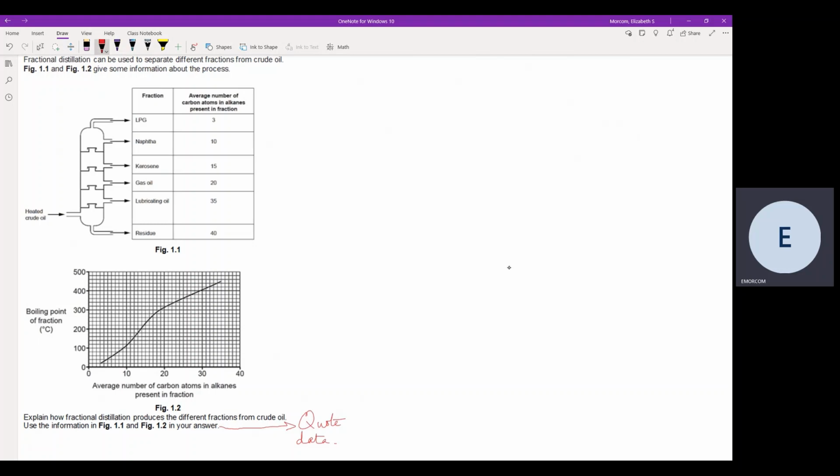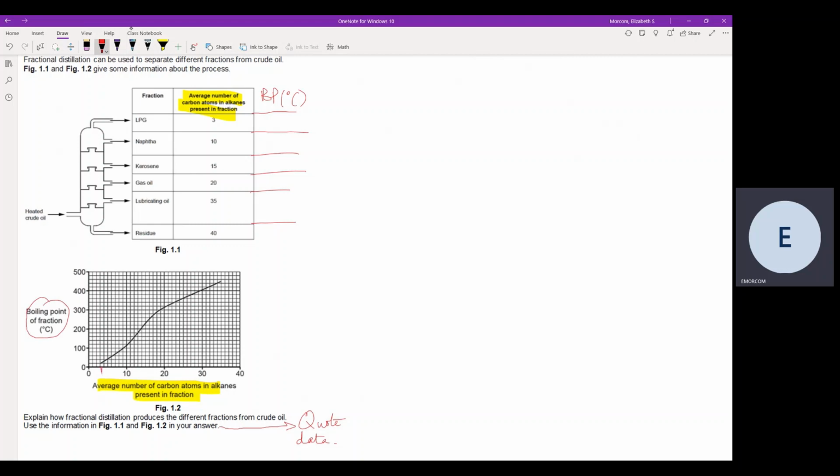A good thing to do is to link that data together. So let's put the boiling points in degrees C and add that to our table where we can. So we're tying together the average number of carbon atoms, because those are the same in both bits of information, and add on the boiling points to our first set of data.